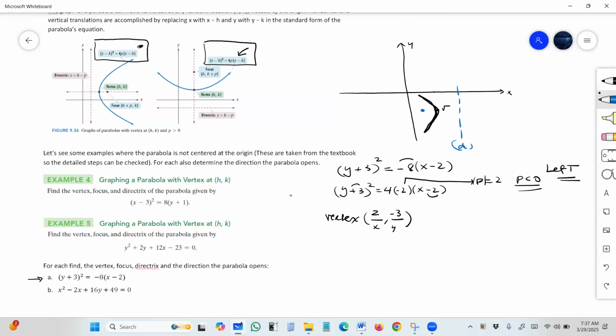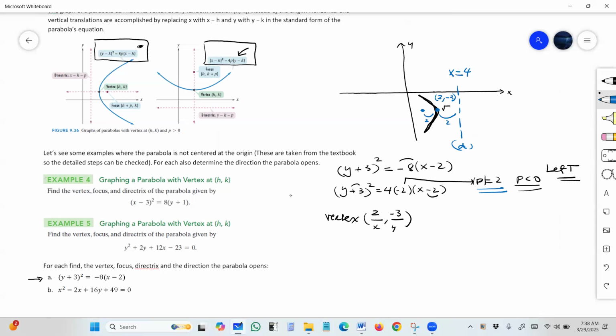Now, because the directrix is parallel to the y-axis, the equation is going to be x equals something. Now, I'm going to position the vertex, which is 2, negative 3. My p-value is 2 units. So it's 2 units to the right, 2 units to the left. So this distance is 2 units. This distance is 2 units. So if my vertex is at 2, negative 3, 2 units to the right would be x equals 4.